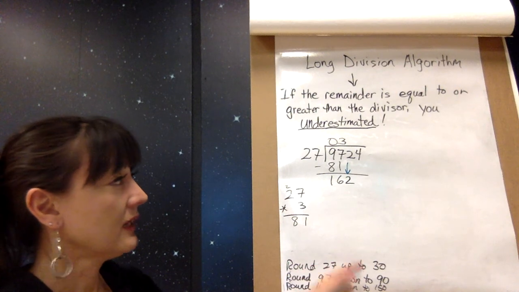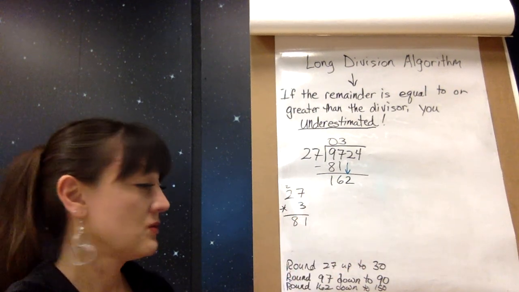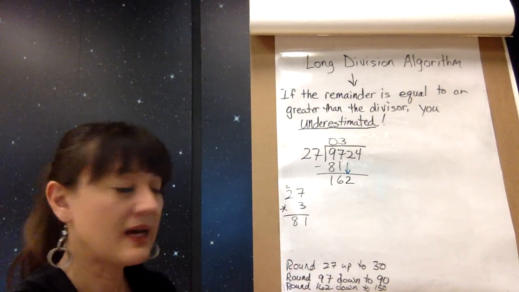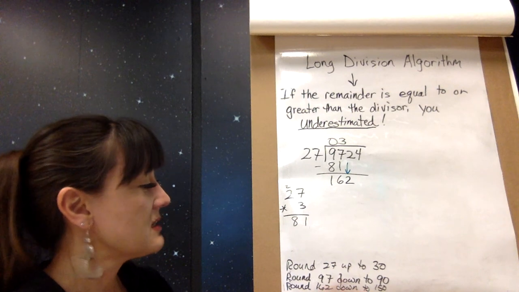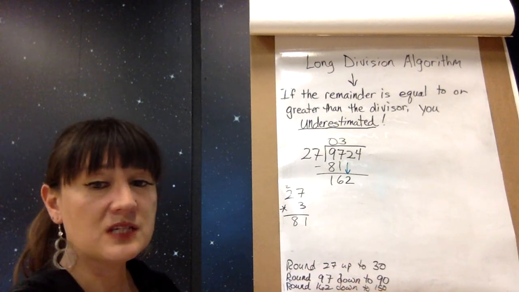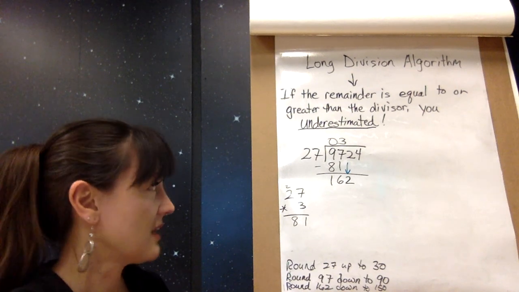Because I'm going to round 27 up to 30 and 162 down to 150. So those are nice friendly numbers with the 30s. And so I know that 30 can go into 150 3 times, 4 times. It can go in 5 times.